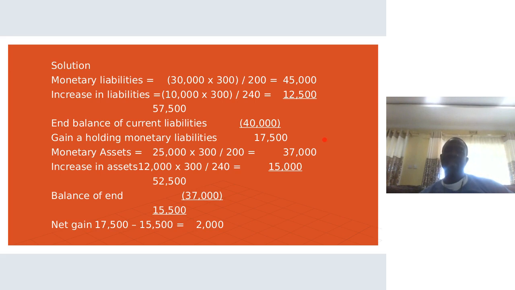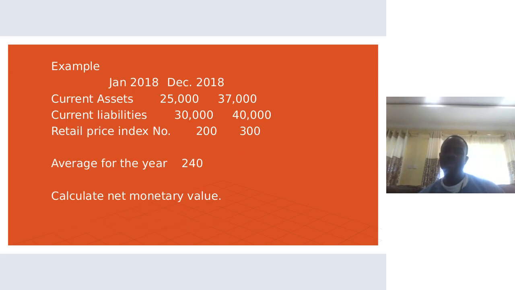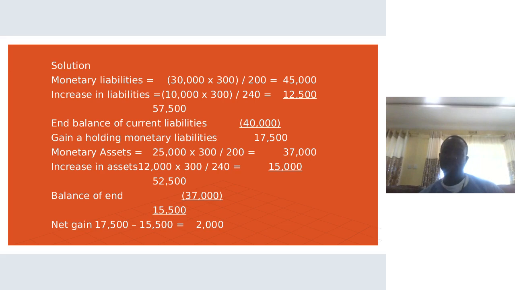So 37,500 plus the increase gives us 52,500. Then you subtract the ending balance. The ending balance for the current assets was 37,000. If you subtract that, now what we'll have is 15,500.